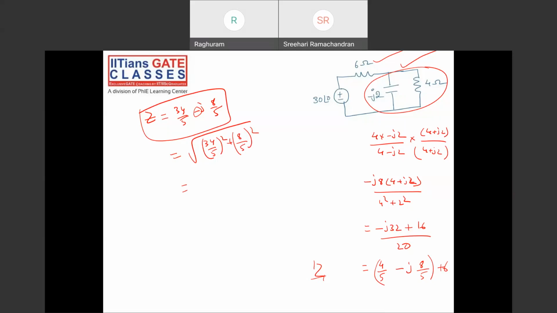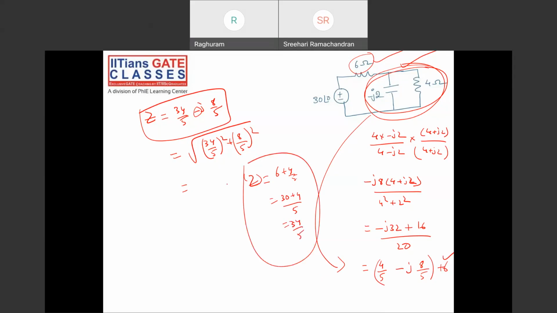So where did this 34 by 5 come from? This value is only this part. To get the impedance, I should add 6 to this because it is in series. 6 plus 4 by 5 is 34 by 5, plus the imaginary term.